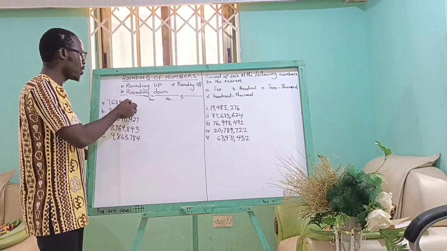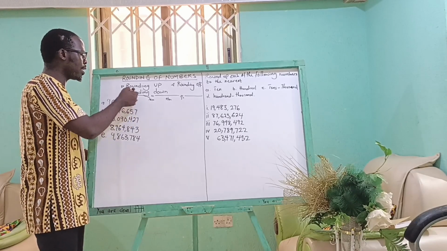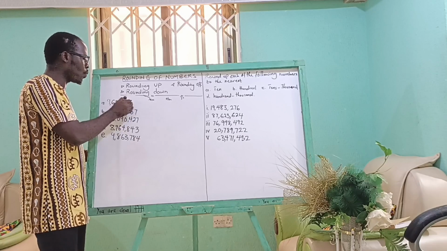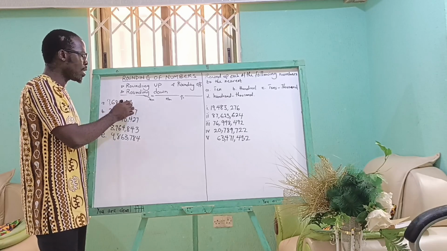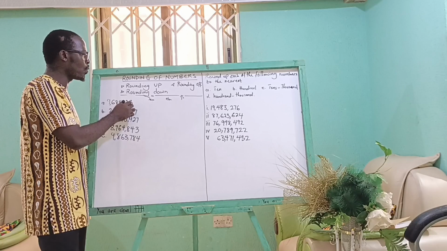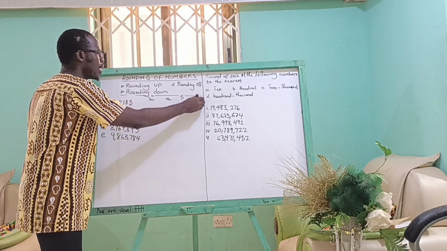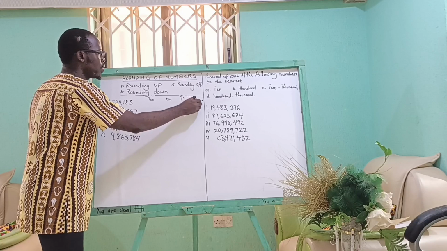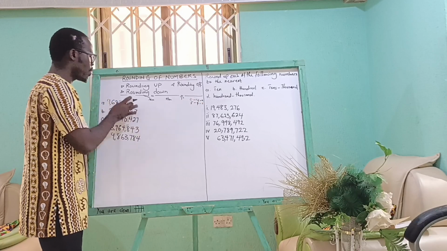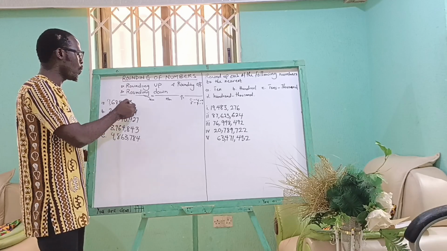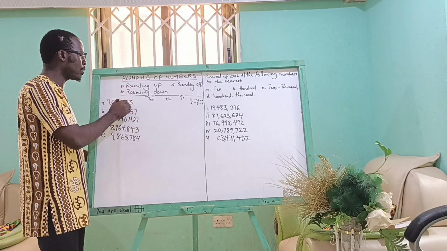So here, the estimation is set that we have to add 1 to this number. You realize that this does not really follow the pattern 0 to 4, 0; 5 to 9, 1. But because it is rounding up, which is high estimate, we make it 1 and then we add it to this.